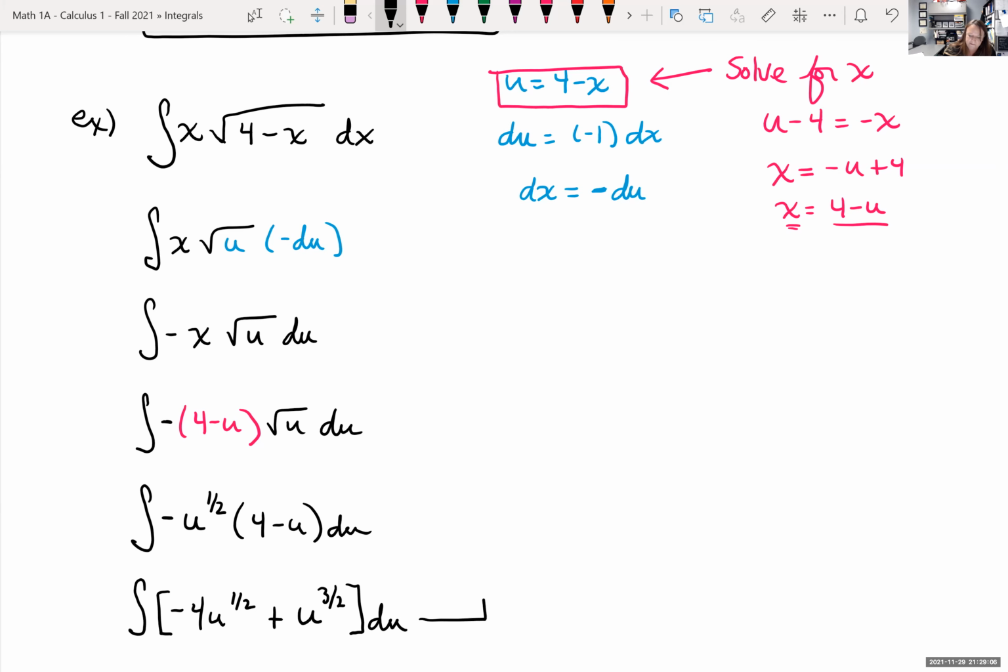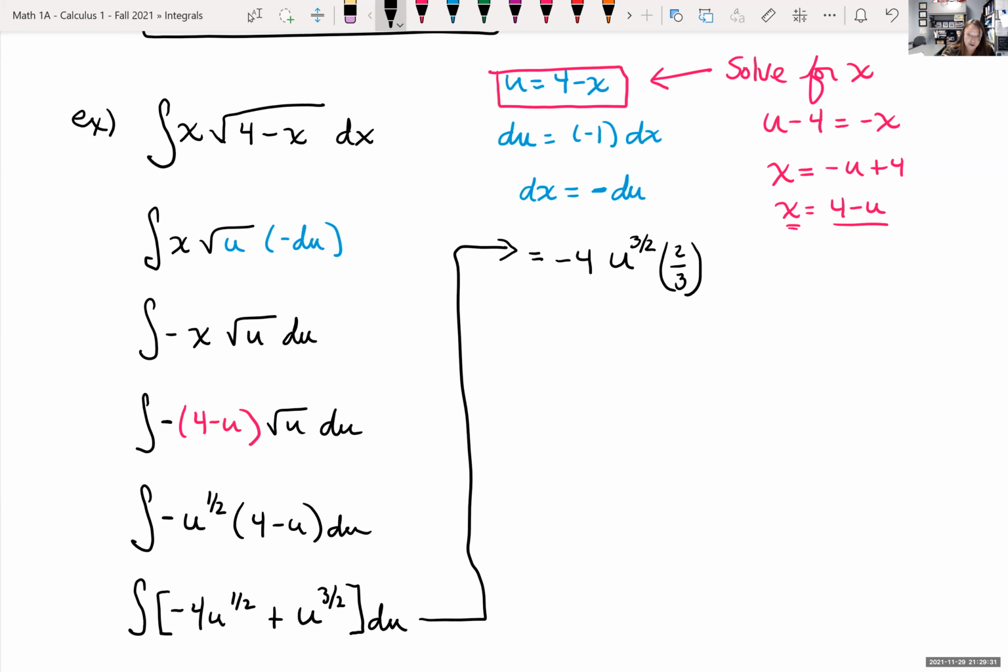So now it's in the form that we can take the antiderivative. So we have the negative 4 out front. We're adding 1 to our exponent of 1/2. So 1/2 plus 2/2 is 3/2. Divide by our new exponent of 3/2, or the same thing as multiplying by the reciprocal, which is 2/3.